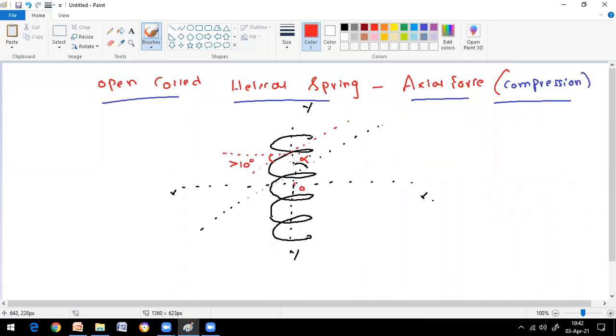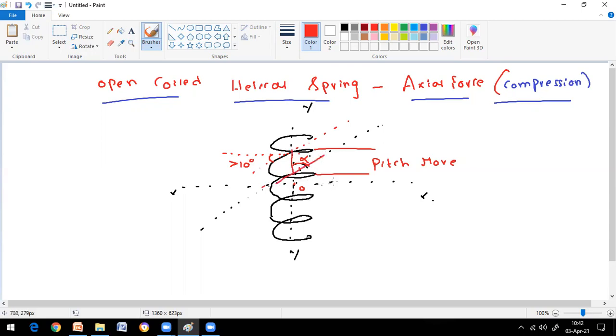In this case, the open coiled helical springs are not close to each other, so the pitch distance will be more. And the angle alpha cannot be treated as small; the angle of alpha will also be more. Angle of alpha is nothing but the angle with respect to these two axes.